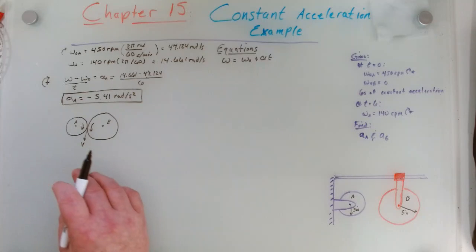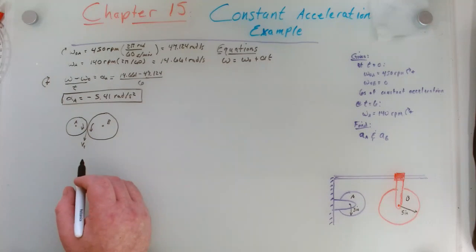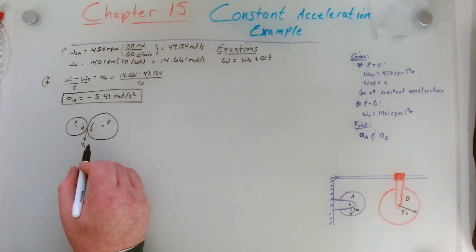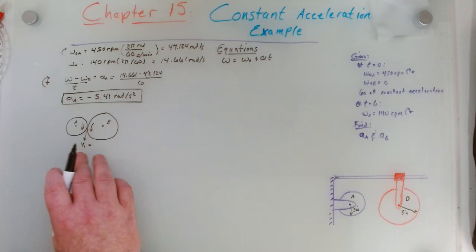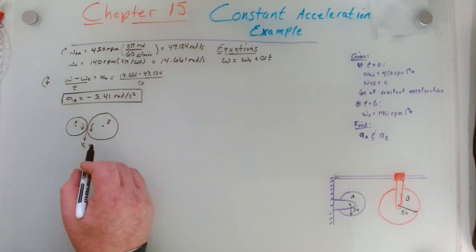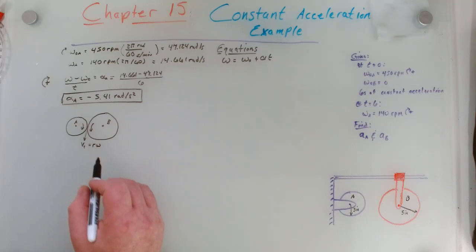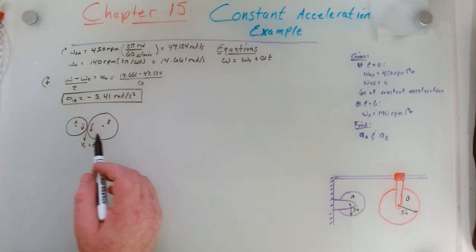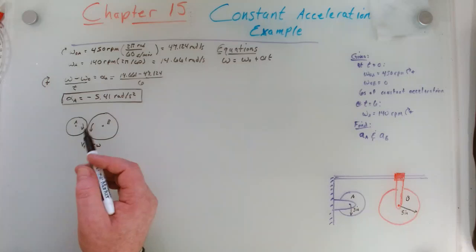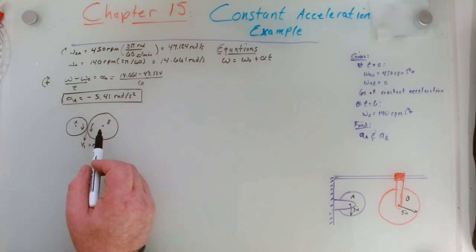This is the tangential velocity, and that comes from the arc length, so that is r times theta dot, which is r omega. That is the general definition. So first and foremost, the v of A has to be the same as the v of B.